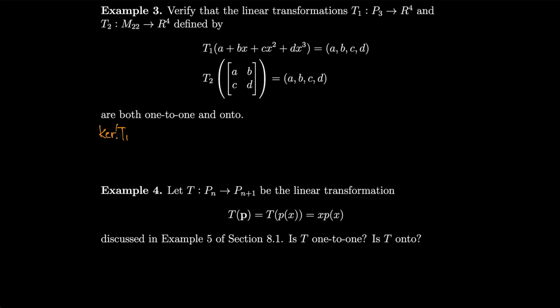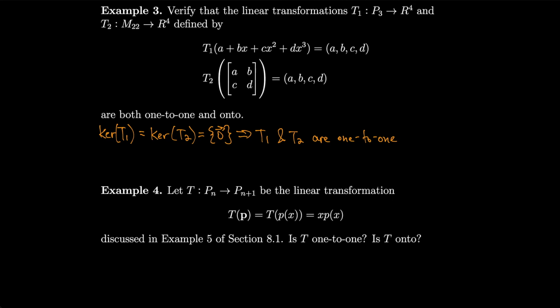So the kernel of T1 is the same as the kernel of T2, because both of them are 0. By our previous theorem, the kernel is 0 if and only if the transformation is one-to-one. So that means that both T1 and T2 are one-to-one.